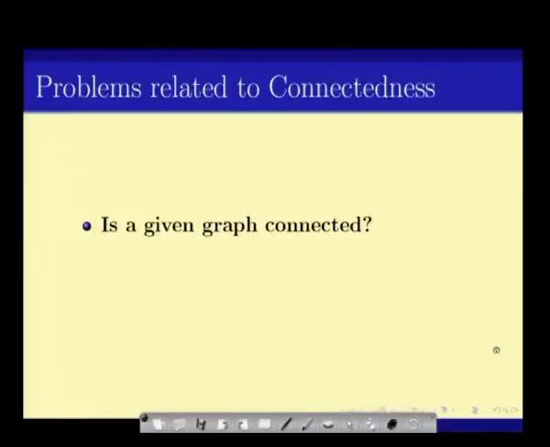So, a typical problem that one can ask is, is this graph connected? For example, we looked at the friendship graph in the last lecture, where we look at Facebook users and we draw an edge between any two profiles if they are friends with each other.